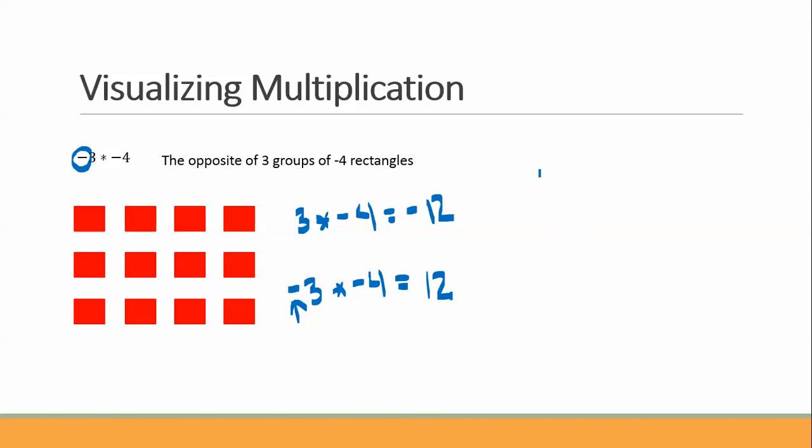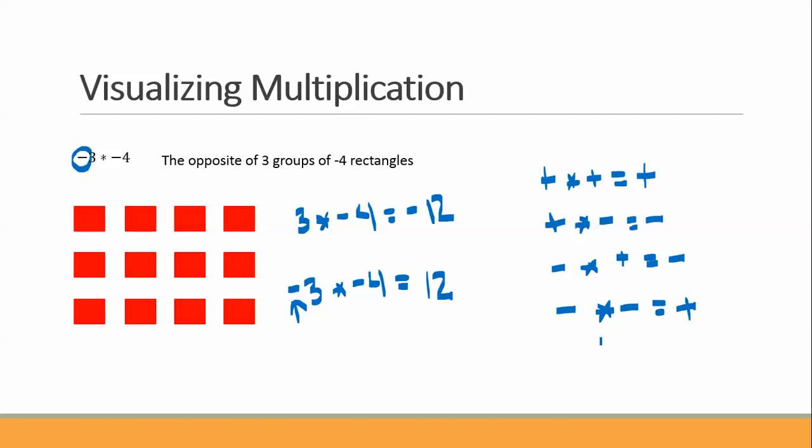So in general, a positive number times a positive number is equal to a positive number. A positive number times a negative number is equal to a negative number. A negative number times a positive number is equal to a negative number, and a negative number times a negative number is equal to a positive number.